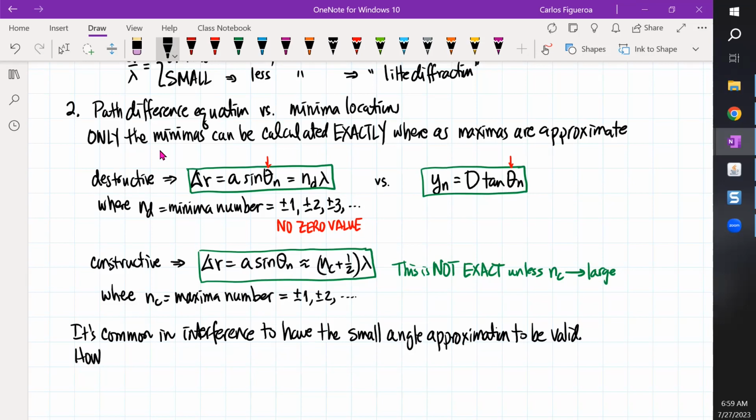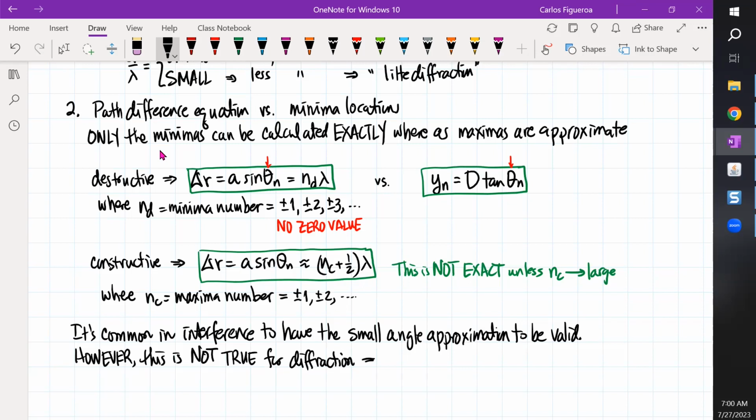However, this is not true for diffraction. It is not true for diffraction.